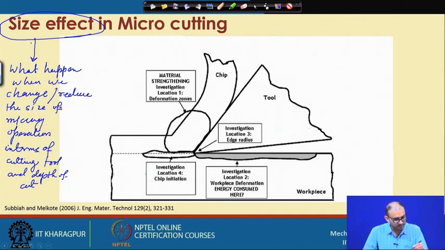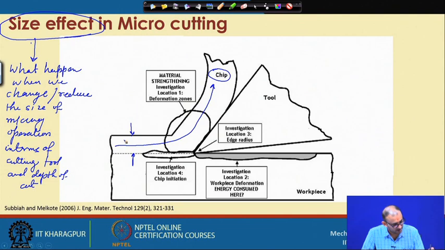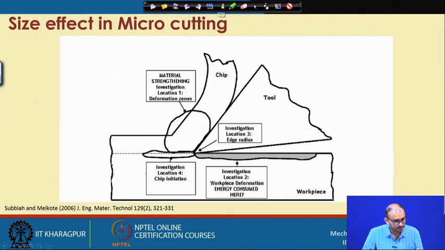Now, we have this particular diagram, which is a well-known diagram, and this is the chip which is coming out from the workpiece. The chip is going in this direction, and this part is called the uncut chip thickness.